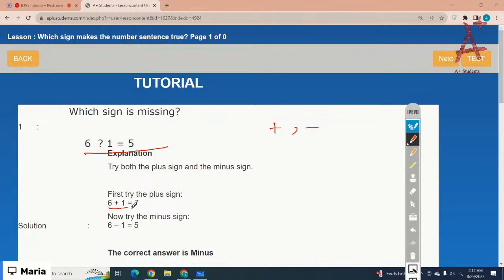First try the plus sign. 6 plus 1 equals 7. So 7 is not equal to 5, right? Then 6 minus 1 equals 5. You can see both sides are exactly equal when you put the minus sign over here. So the correct option is 6 minus 1 equals 5.